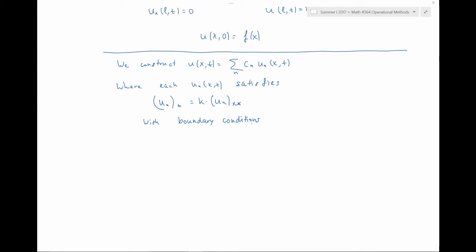Just as before, we assume that each u_n(x,t) is a product of a function of purely x and a function of purely t.